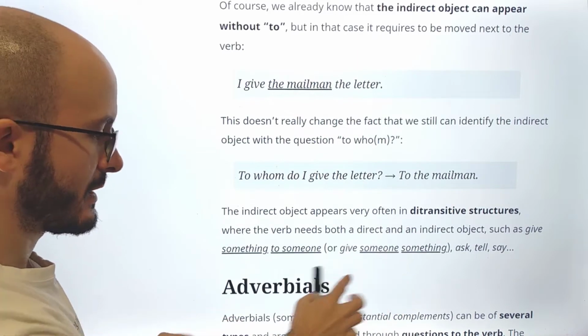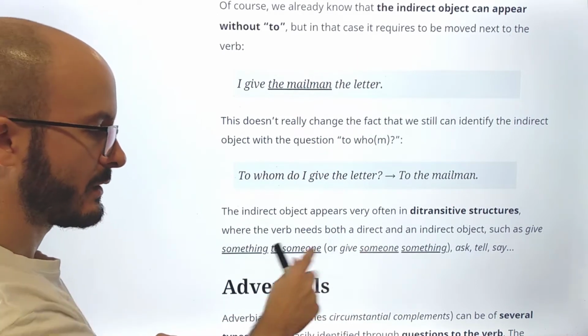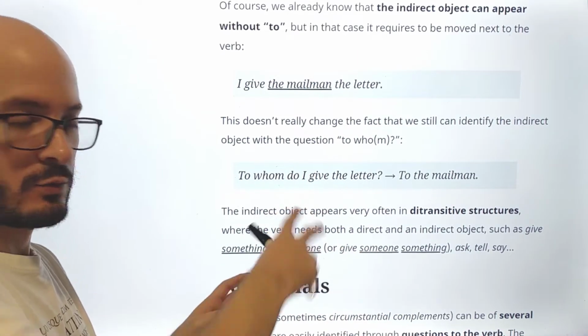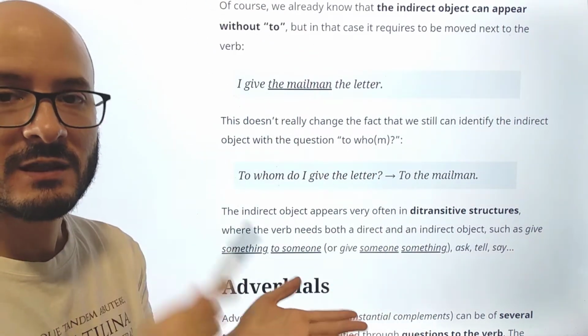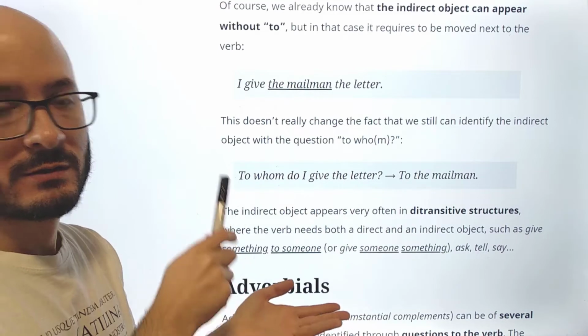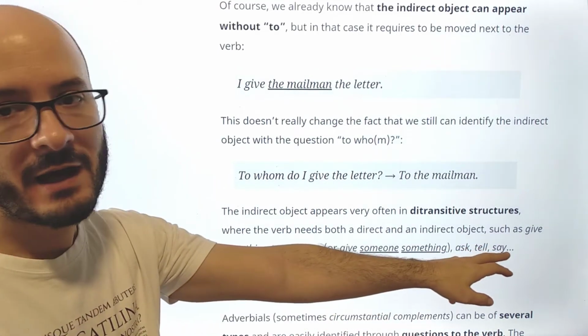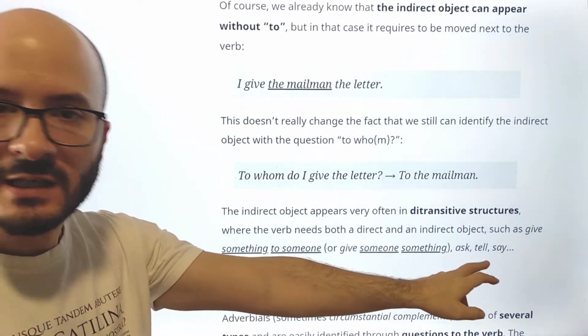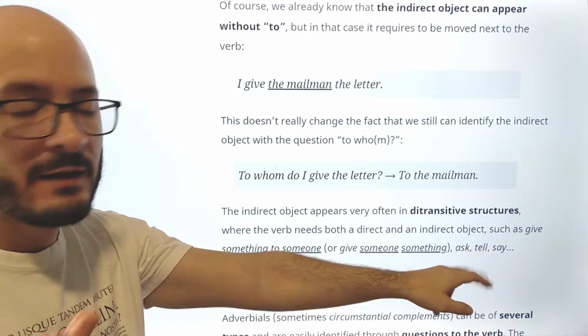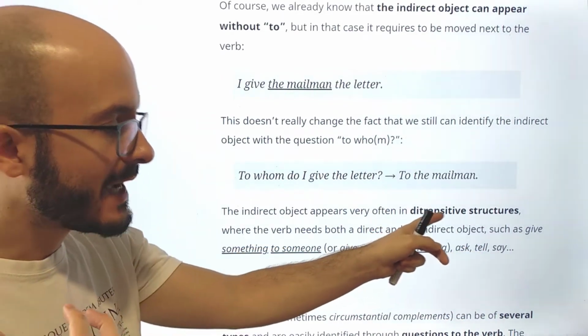So this thing that we said, someone, the indirect object, depends on the order. We were saying it a few times already. Also, ask something to someone, or ask someone something, tell, say, etc. All these types of verbs and their synonyms always have ditransitive structures.